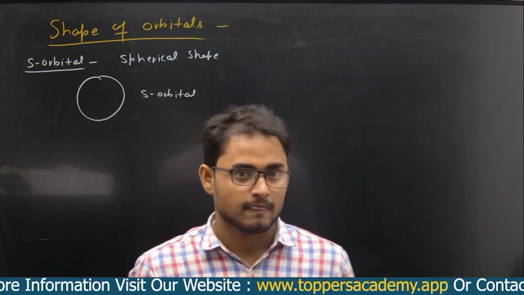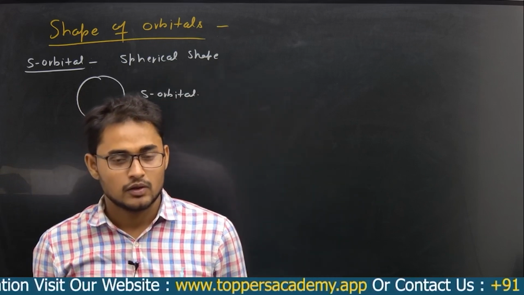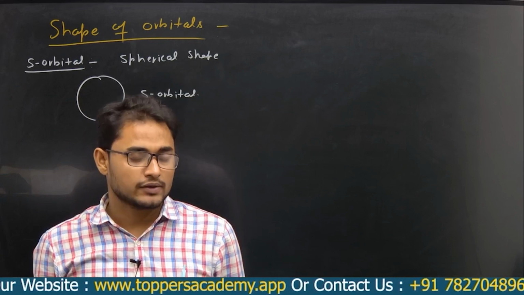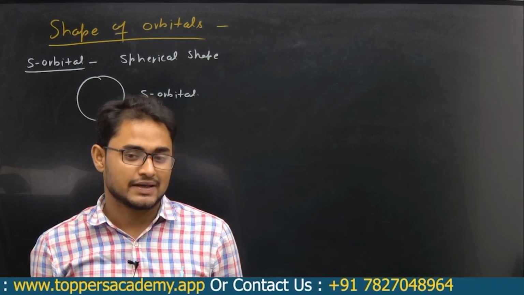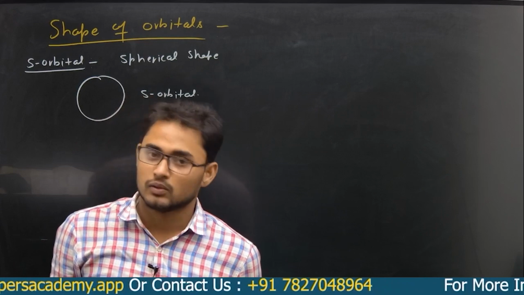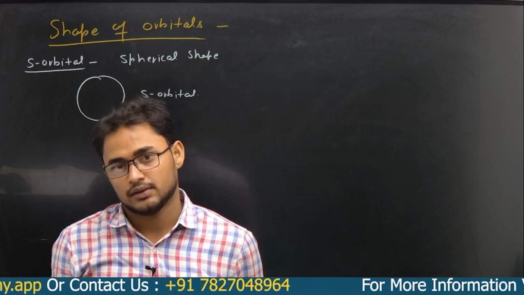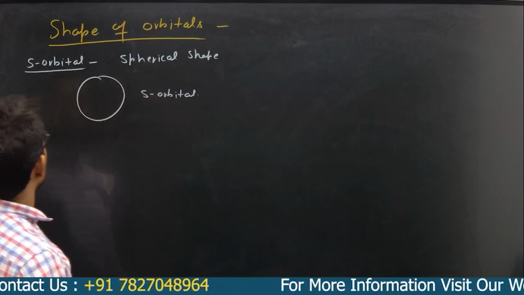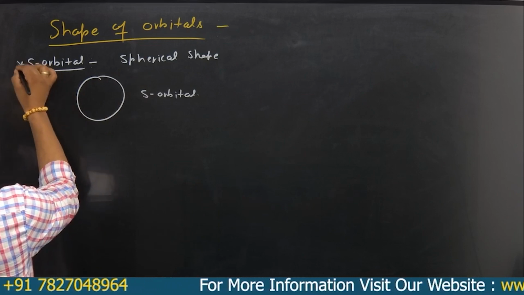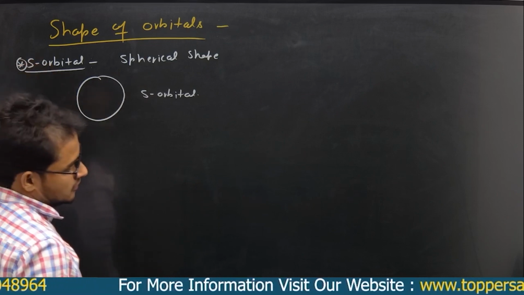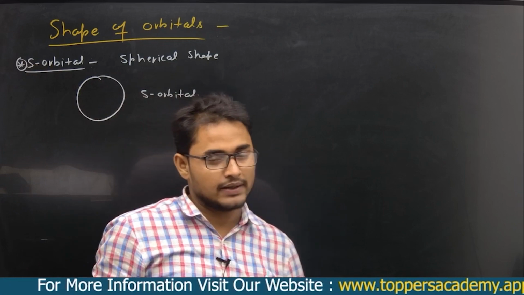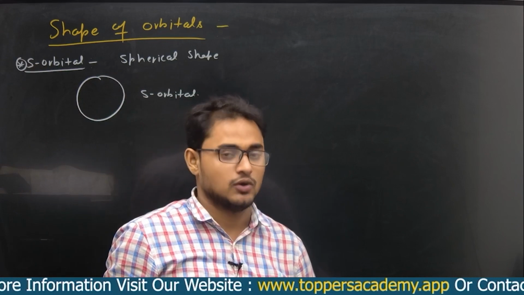Nothing, right? You cannot say that our sphere is present in the x direction or y or z. It is present in all the directions in the same way, right? So if someone asks you whether S orbital has any directional property, no.